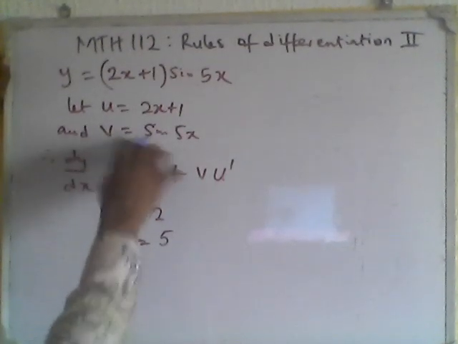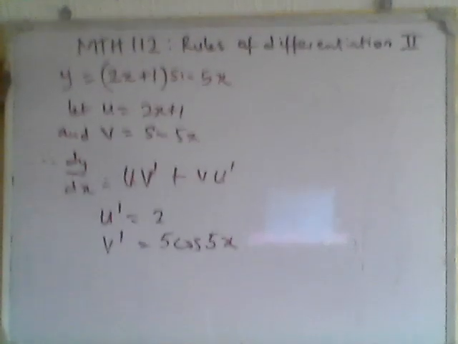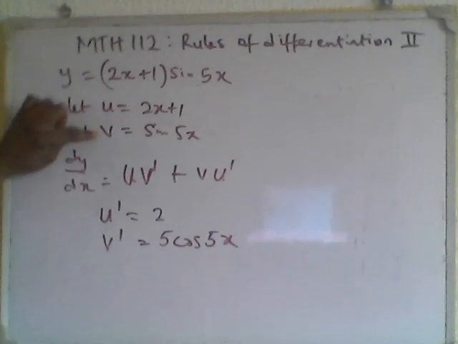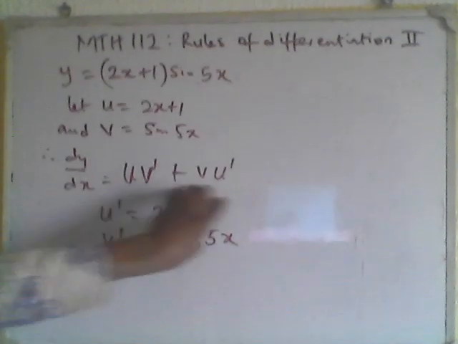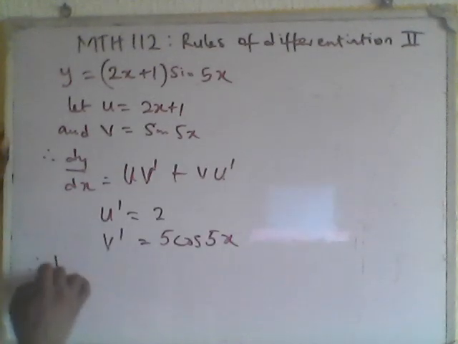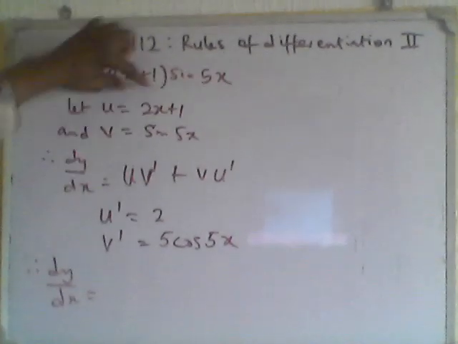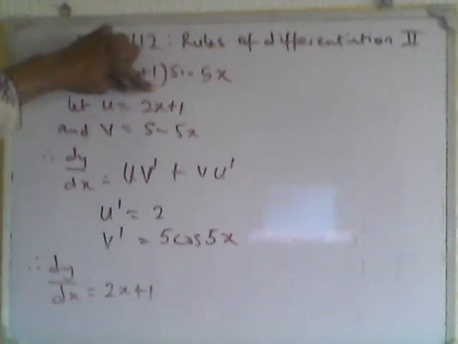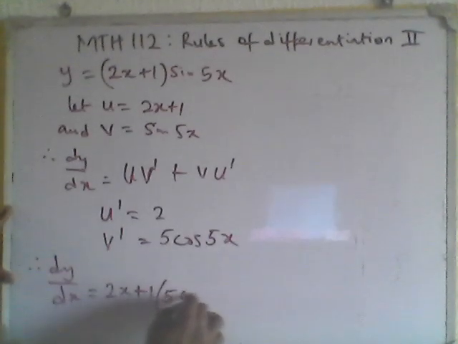When you differentiate sine, it becomes cos 5x. Okay, now having gotten this, I'll just put them here. Simply substitute them here. So therefore, dy dx is equals to, my u is 2x plus 1. My v prime is 5 cos 5x, right?